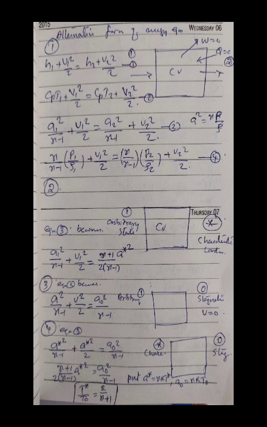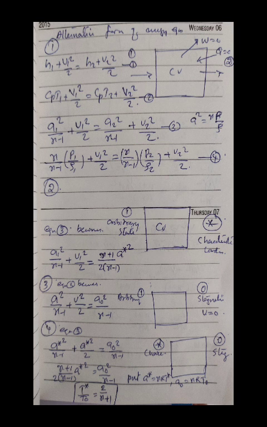For another form, we take state 1 as any arbitrary state and state 2 at the characteristic condition.